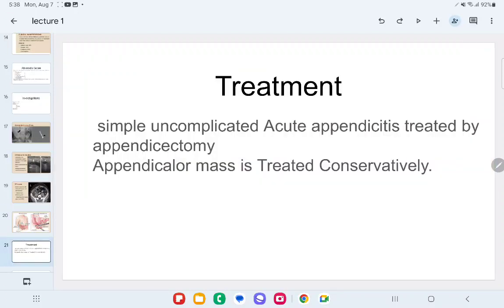Treatment of simple uncomplicated acute appendicitis is usually by appendectomy, either open or laparoscopic. Appendicular mass is treated conservatively in the first few days, and in 6 weeks' time it will need appendectomy.